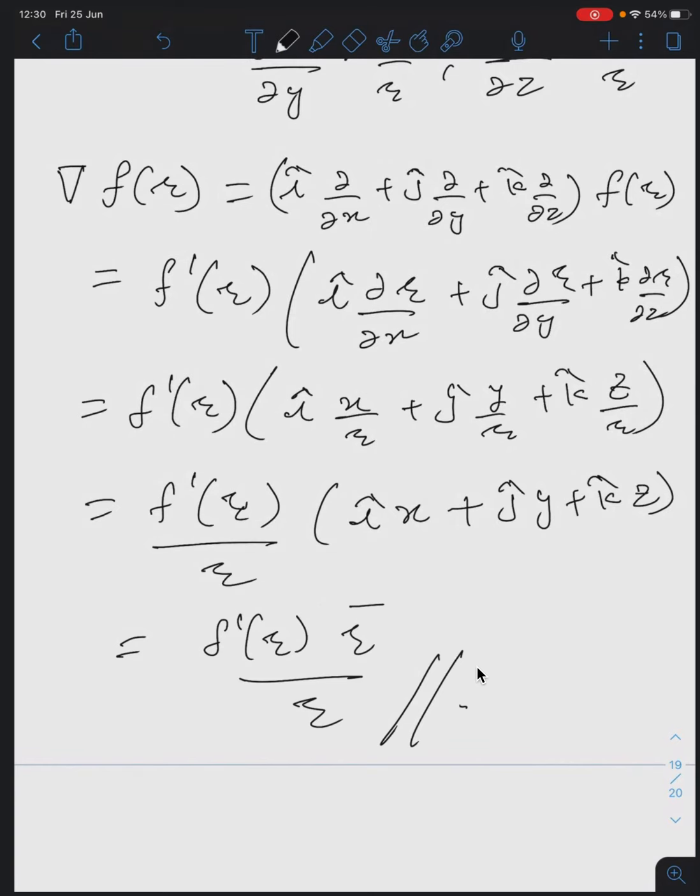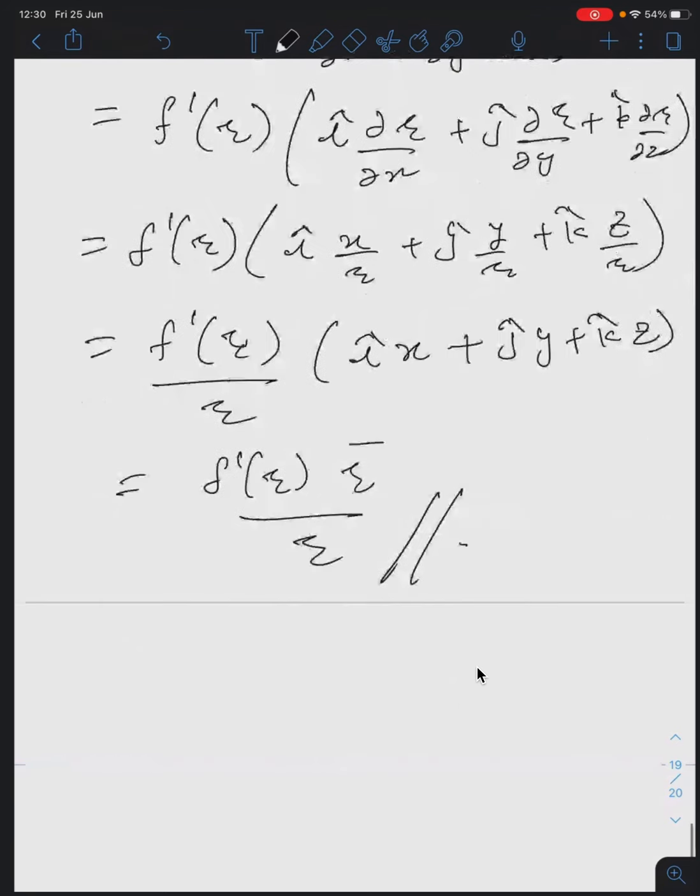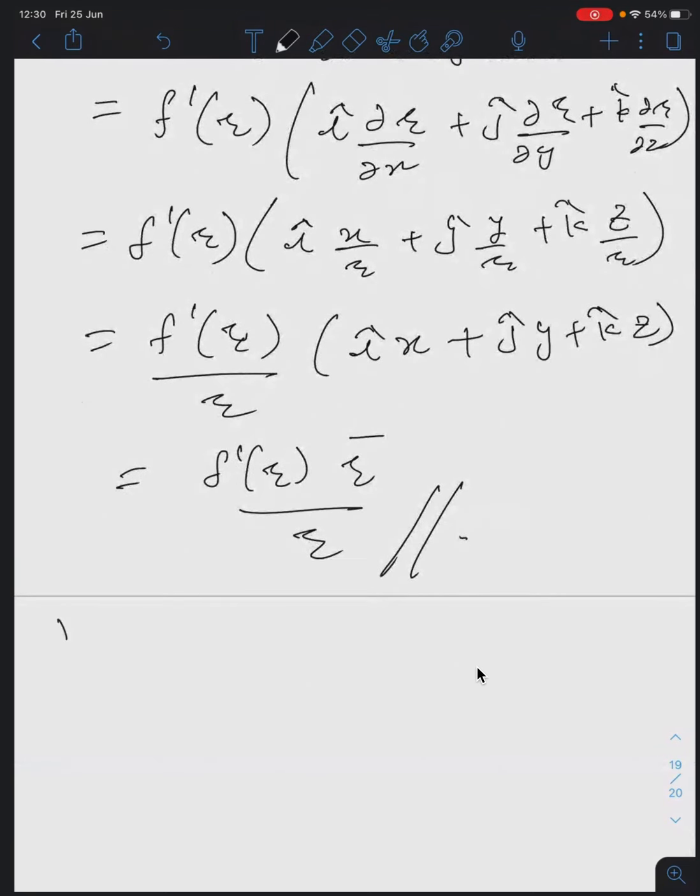From this result itself, you can calculate what is del of log r. What should it be? It's very simple. Use the same result. Here we have del f of r.